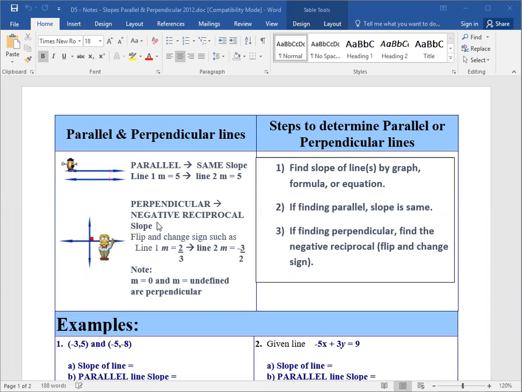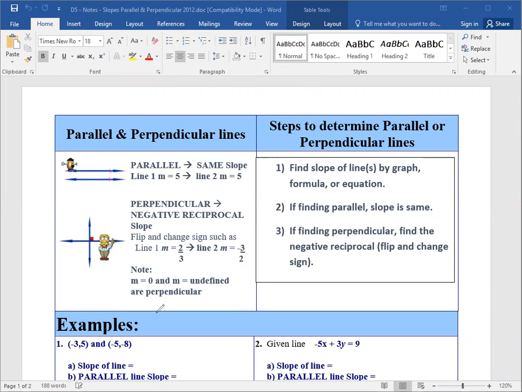So if the first line had a slope of 2/3, then I would flip the fraction upside down and change the sign from positive to negative to find a line perpendicular. So the perpendicular line would have a slope of -3/2.